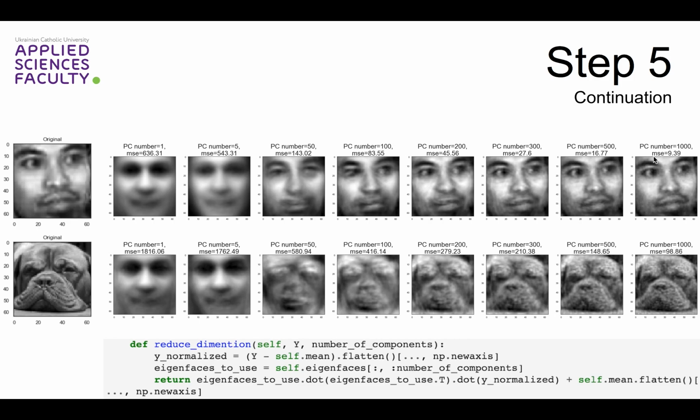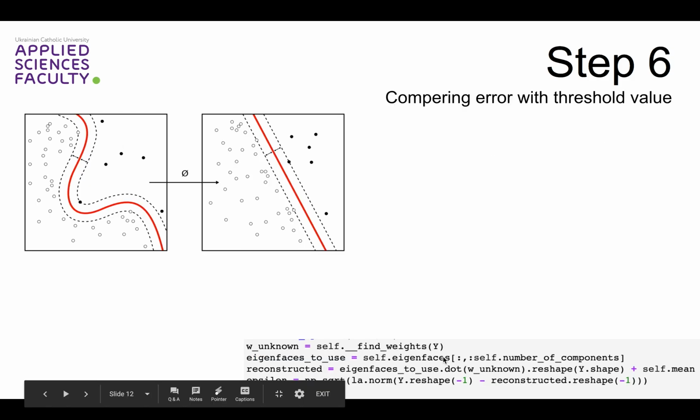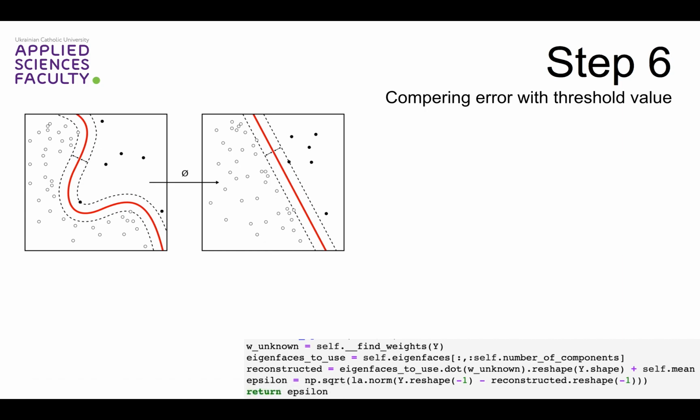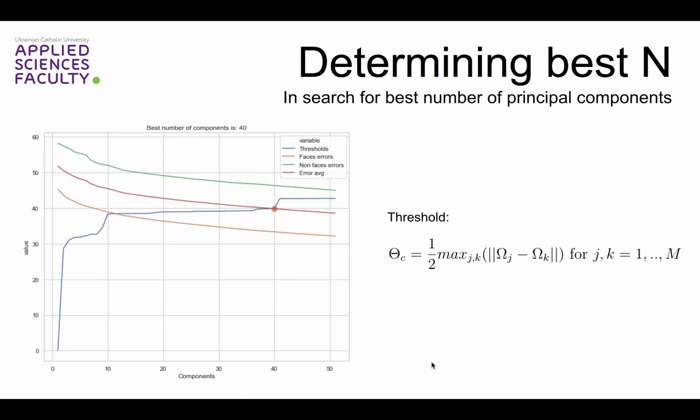As you can see, the mean squared error on the face restoration is approximately 10, while on the restoration of the dog image it is approximately 100. Restoration works with different accuracy for faces and non-faces. So we could find the threshold which we will use to differentiate two classes of images.